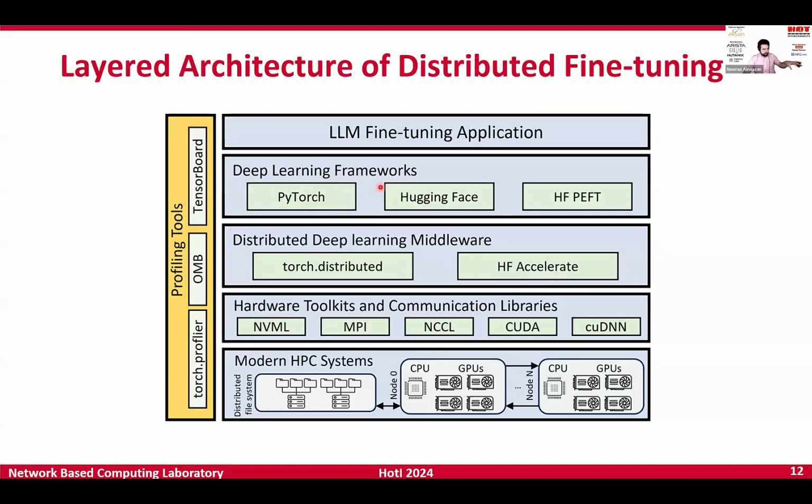And then the deep learning frameworks that allow this PEFT fine-tuning on LLMs include PyTorch, Hugging Face, and Hugging Face PEFT. And then at the very top, we have the fine-tuning application itself. For profiling, we use the Torch profiler, OMB, OSU micro-benchmarks, for the collective and pure communication profiling, and then TensorBoard.